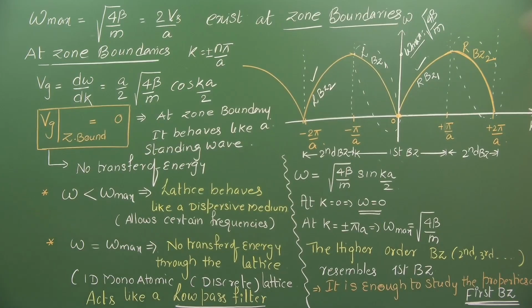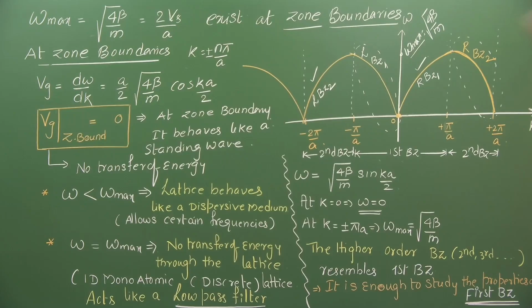So no need to bother about all the Brillouin zones. You just study the properties of the first Brillouin zone, because the higher order Brillouin zones resemble the first Brillouin zone. So that is the most important conclusion we get from this study of the 1D lattice.